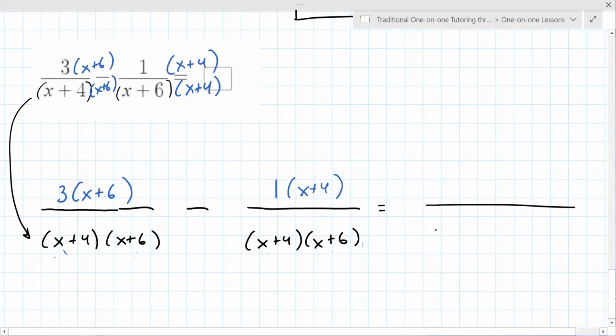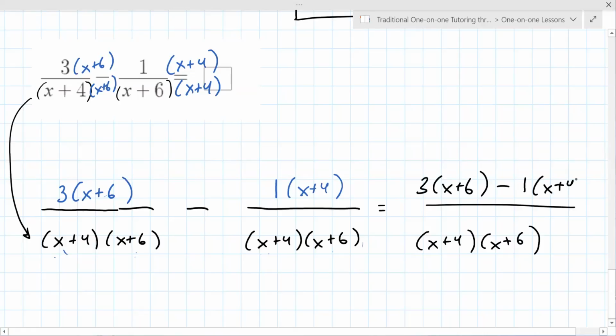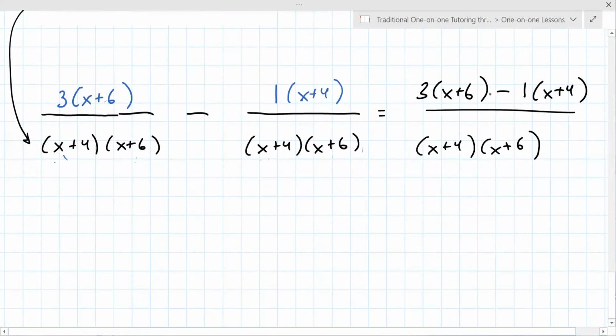So the bottom stays the same. The top is 3 times x plus 6 minus 1 times x plus 4. Is this still clear? Yeah. Okay.